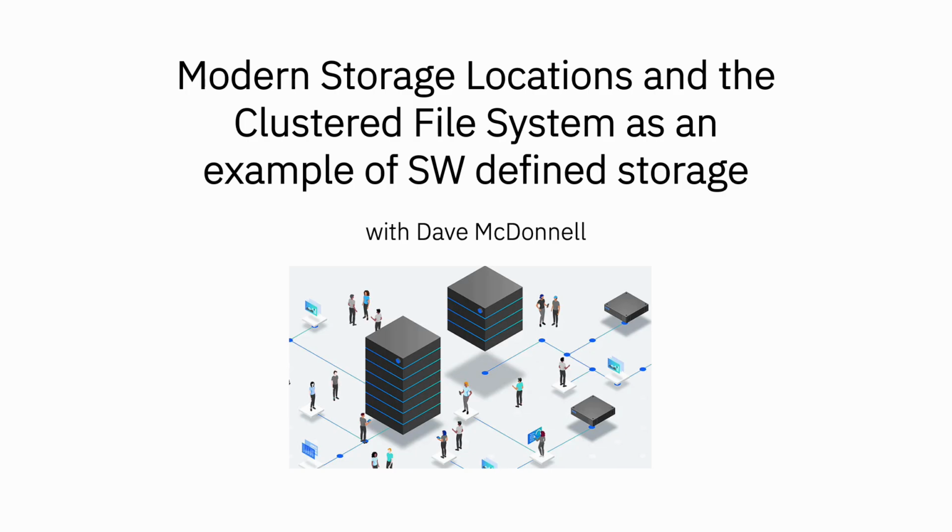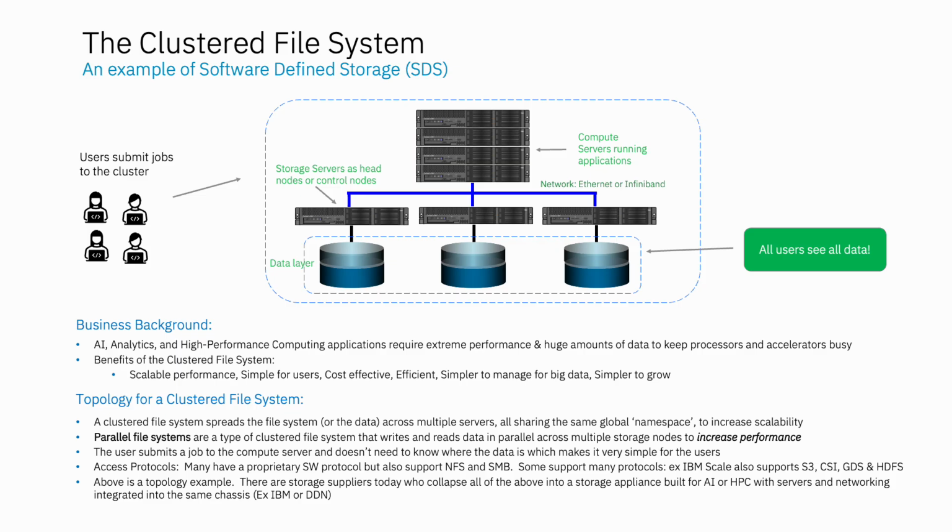So now let's get to the clustered file system as another example of software-defined storage. With a clustered file system, you have users that do work and they submit jobs to a compute server, or more likely a rack of servers. Those servers will be connected to the network, and now we have servers that can front running software connections to storage, but we're going to make that all look like one storage pool.